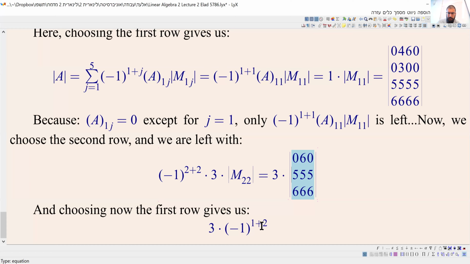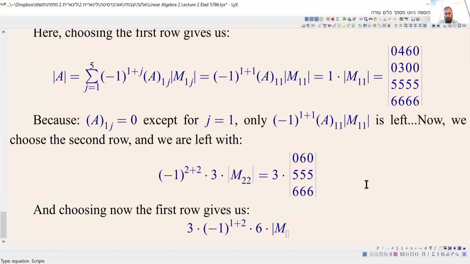Very nice. I want to show you the way of choosing the right row, so I'll continue with this process. I have 6 as the element and the determinant of the minor, which is row and column, each is 1, 2. So we have -18.